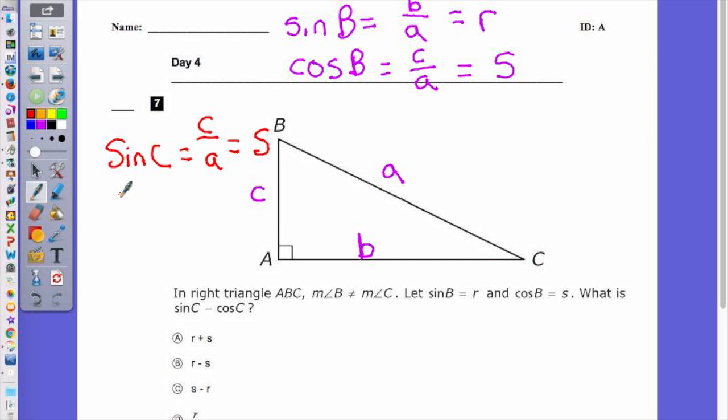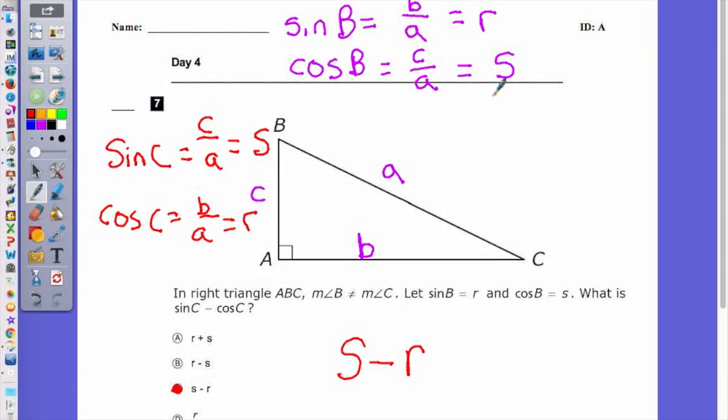So cosine of C would be b over a, which is R. So the sine of C we can write as S, and the cosine of C we can write as R. What they are really testing is that you know that the sine of this one will be the cosine of that one, which makes sense.